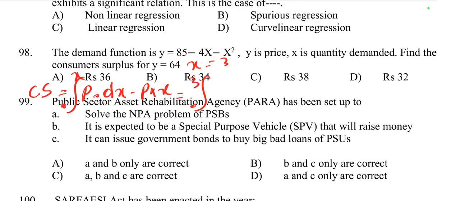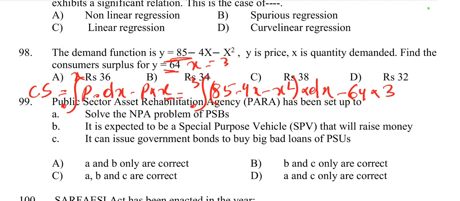The price p is here y, so 85 minus 4x minus x square into dx, minus px. Here p's value is 64, so p's value is 64 into x value is 3.